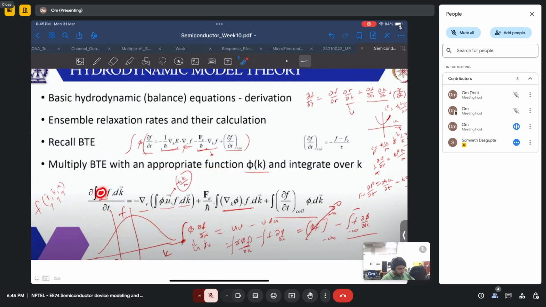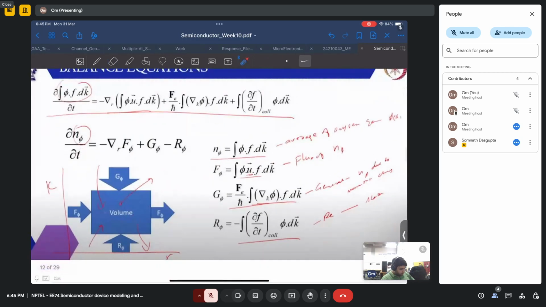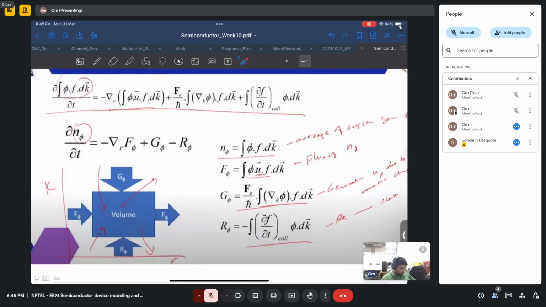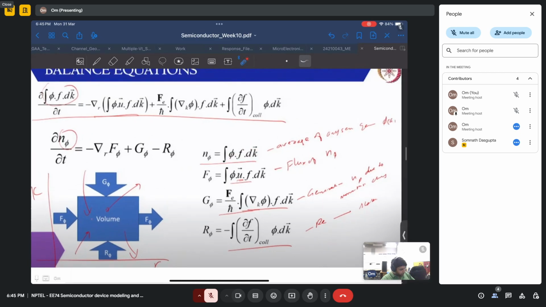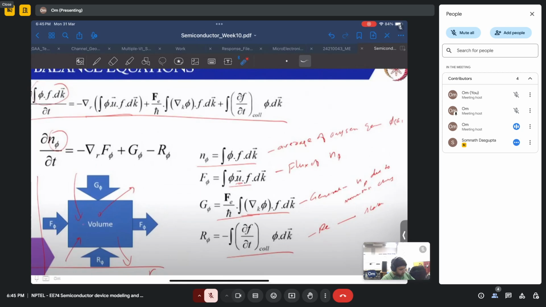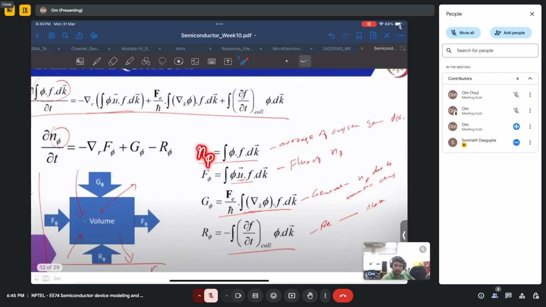Every term is multiplied by phi and integrated over dk. By doing that, we define certain other quantities. In each term, this phi f dk is defined as some average quantity, like an averaging function.